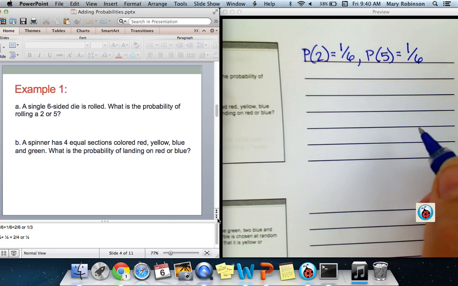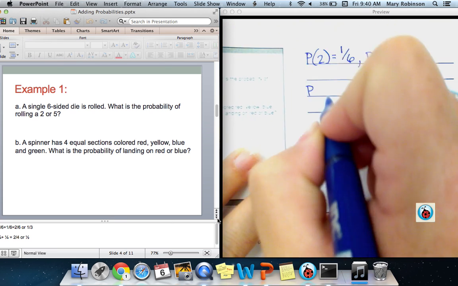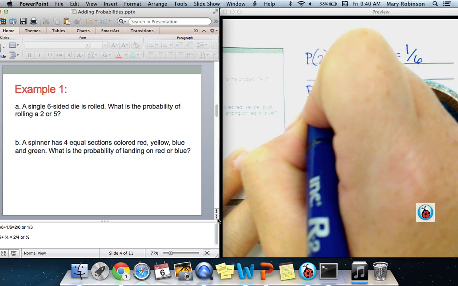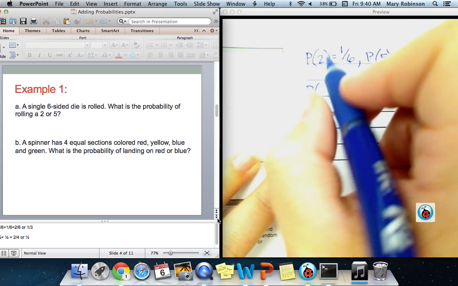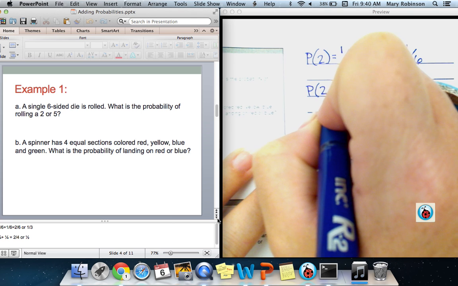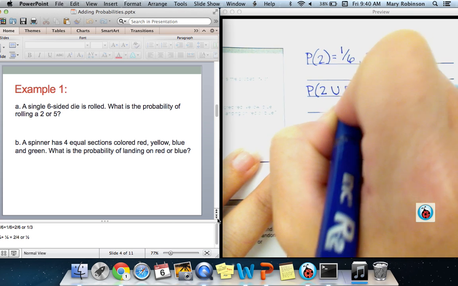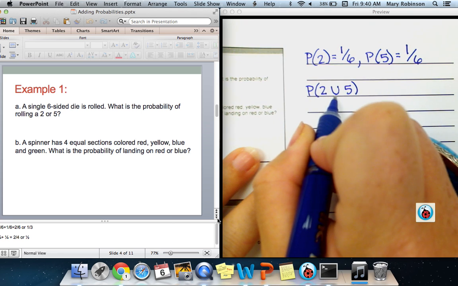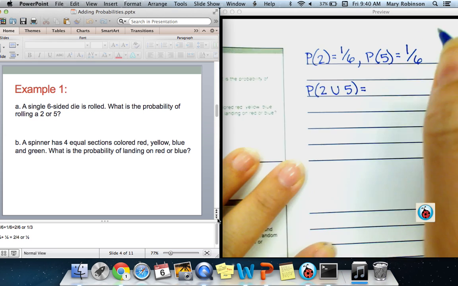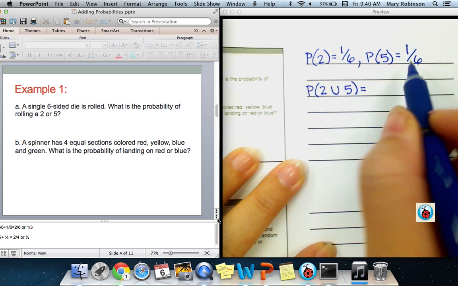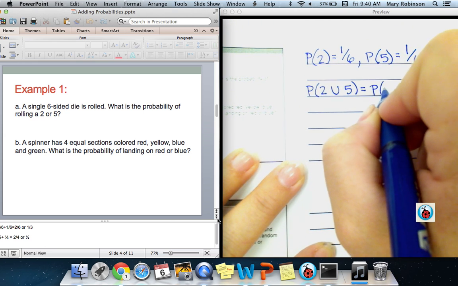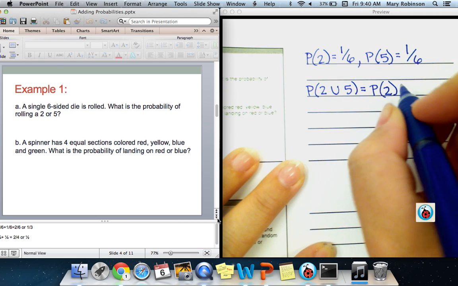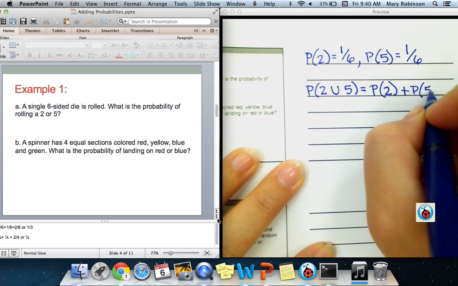Because we see the or, we know that we are going to add. So I'm going to write this as the probability of rolling a 2 or a 5, so probability of 2 union 5, is equal to the sum of their probabilities. So probability of rolling a 2 plus the probability of rolling a 5.